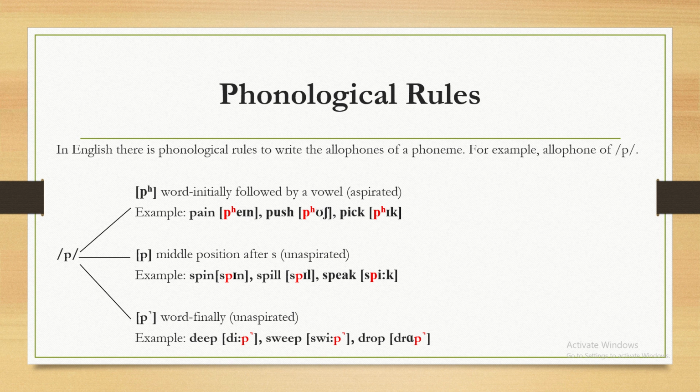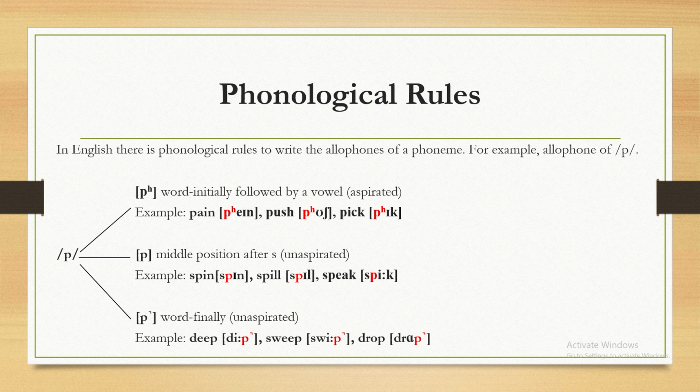Therefore, there are phonological rules in English to describe the allophones of a phoneme. For example, allophones of p. There are three allophones of the phoneme p. The first one is in word-initial position, followed by a vowel, and it is pronounced aspirated, or with a lot of air puff. For example, pain, push, and pick. The second one is in middle position after s, and it is pronounced unaspirated, or without air puff.